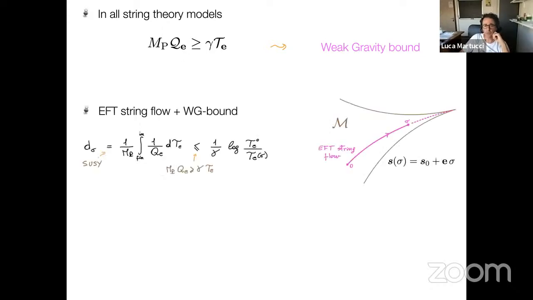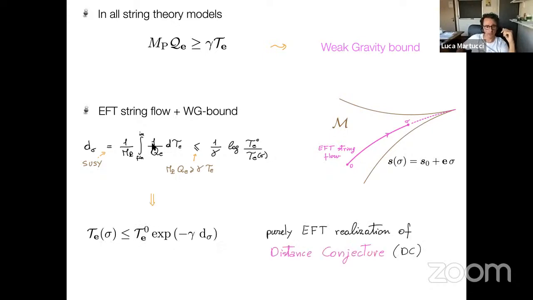And if we assume the validity of such a bound and combine it with our conjecture, which claims that any point at infinite distance can be reached by an EFT string flow, then we reach an interesting result, namely by using supersymmetry, we can relate the distance traveled along an EFT string flow to the corresponding change of the tension of the EFT string which is generating the flow.